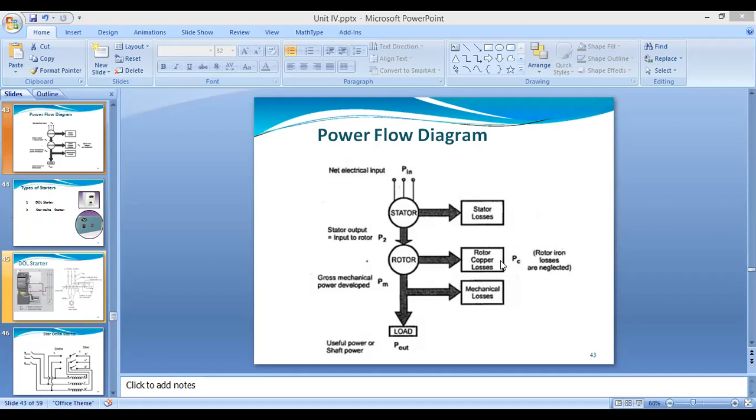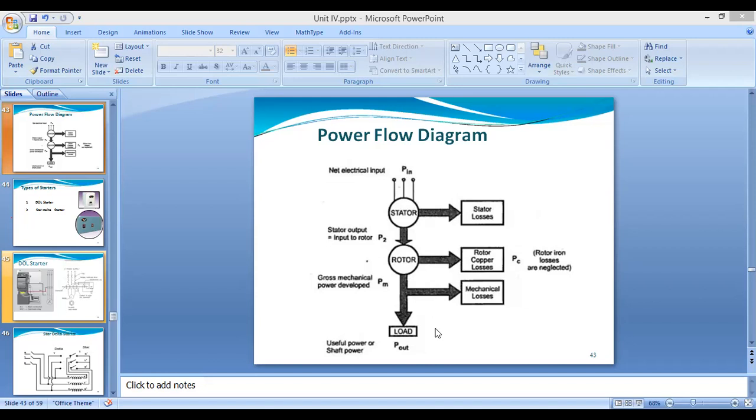So the rotor input has gone to the rotor copper losses, and after supplying the rotor copper losses, the remaining part of the rotor input power goes to the mechanical power. So you can take PM equal to P2 minus PCU.